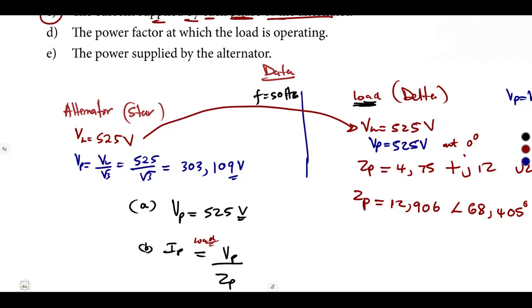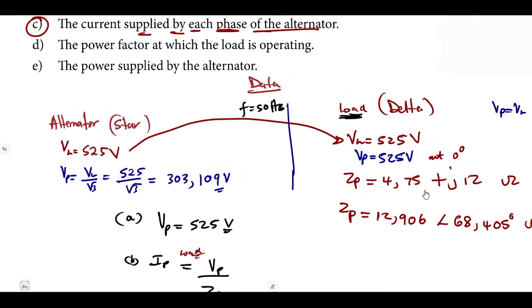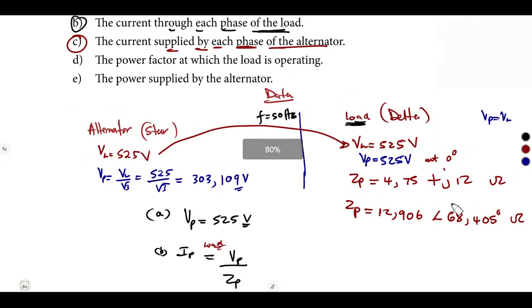Because on the alternator, guys, we do not have the impedance. The impedance here is of the load. So on the alternator, how can we calculate the current? Because we are supposed to use VP over ZP. We do not have this. What can we do? Remember that it is the alternator which is supplying the load.